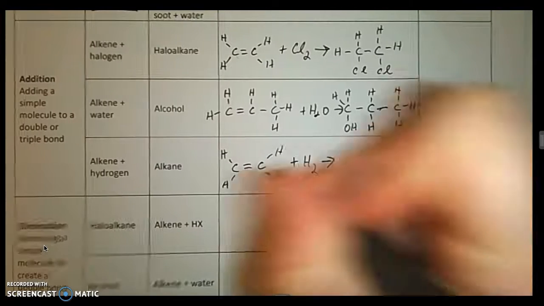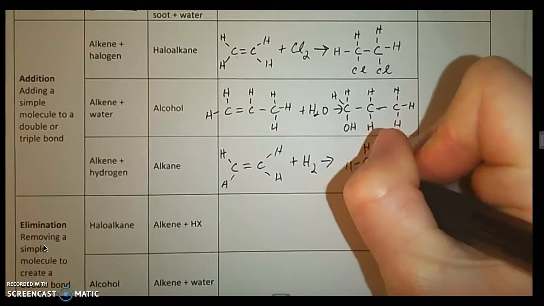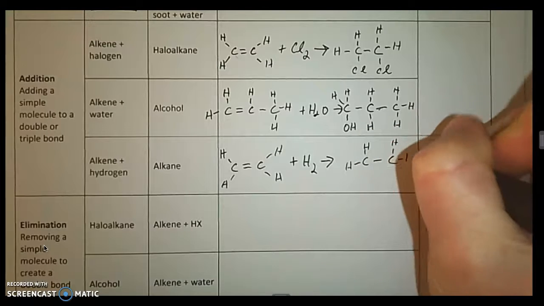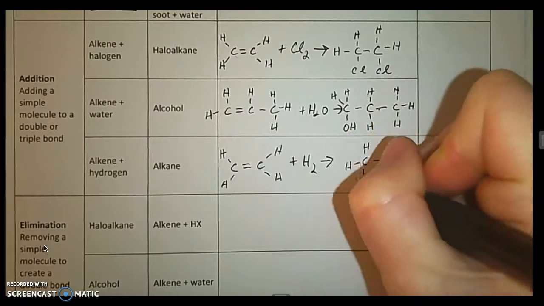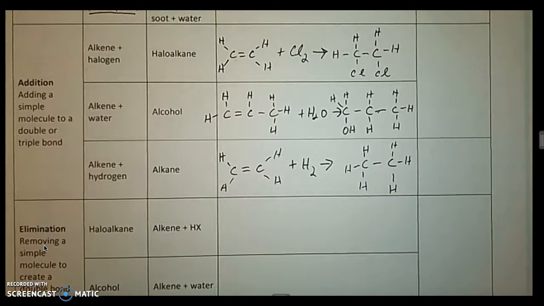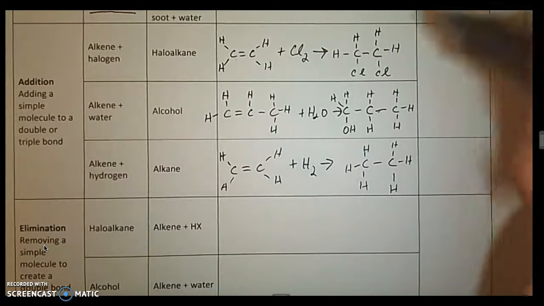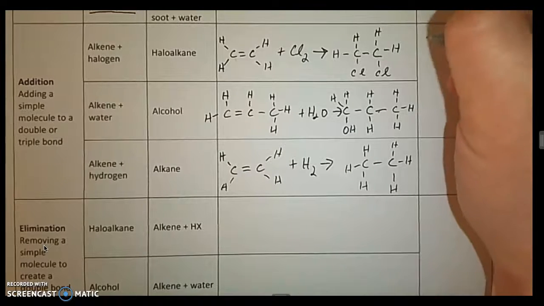We're breaking that double bond, making it a single bond instead. We keep all the hydrogens we had before, and then we just add 2 more hydrogens from the molecule we were adding.